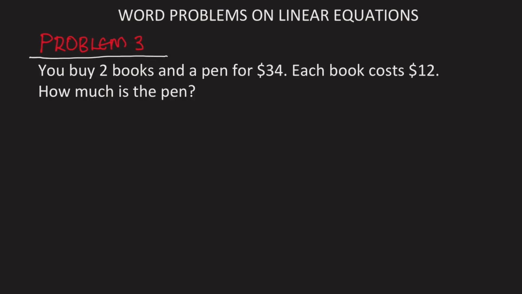So let's see how math shows up when you are shopping or budgeting. Problem 3 says you buy 2 books and a pen for $34. Each book costs $12. How much is the pen? So, following the procedures for word problems, we can see that they are asking for the price of the pen.